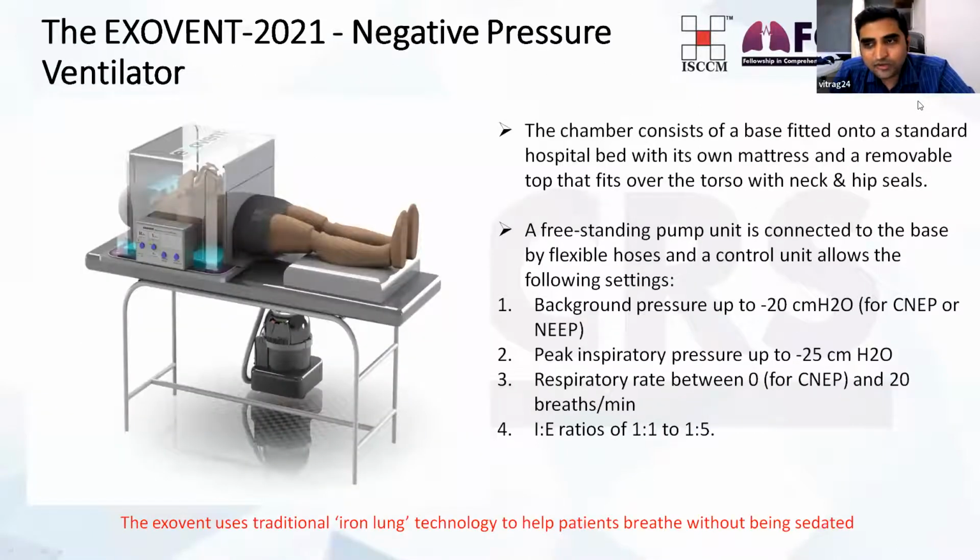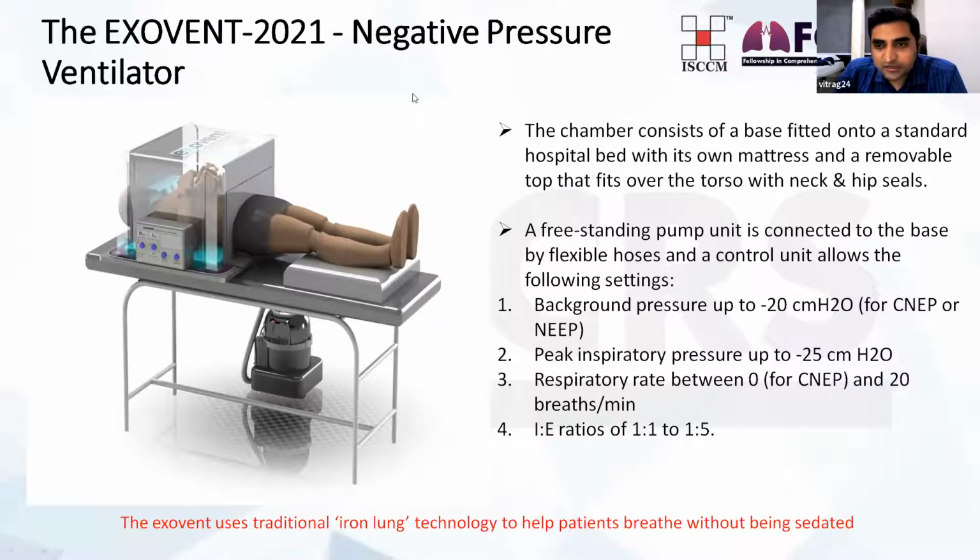So now, so much about positive pressure ventilators over the last 10-20 years. But in 2021, an innovative ventilator was introduced, the Exovent, which is a negative pressure ventilator. You can see it on the left side. The chamber consists of a base fitted on a standard hospital bed with its own mattress and a removable top that fits over the torso with neck and hip seals, a freestanding pump unit connected to the base by a flexible hose, and a control unit which allows the following settings.